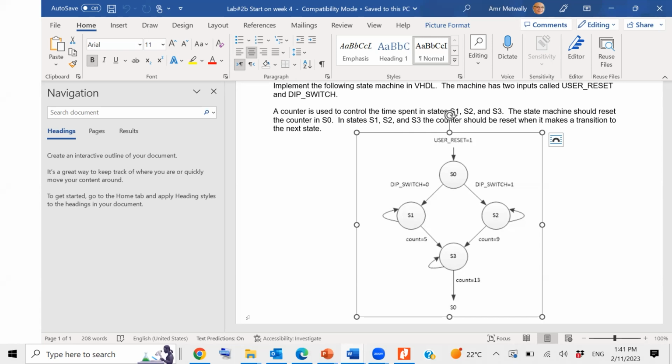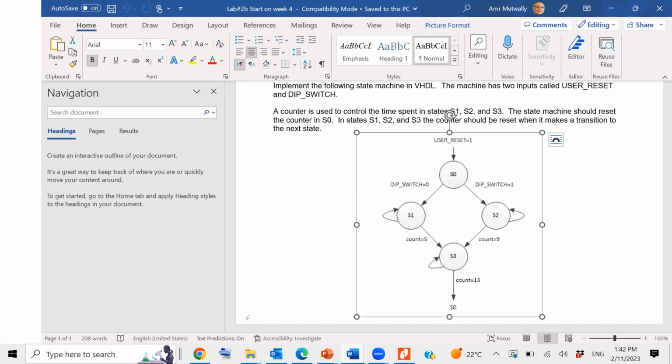And of course, you need a counter. This is the difference, and this counter will have an impact. It is similar to an input, because as you can see, it is moving you from S2 to S3 or S1 to S3 or S3 to S0.